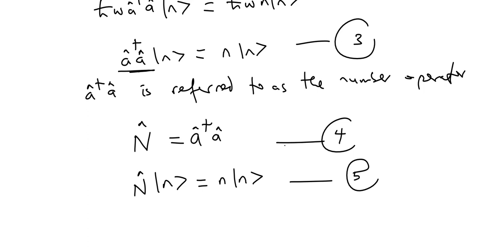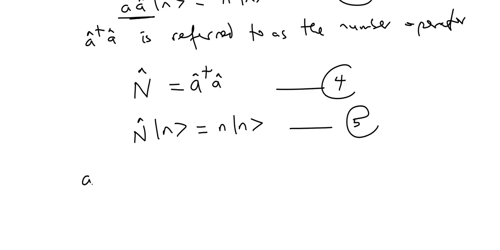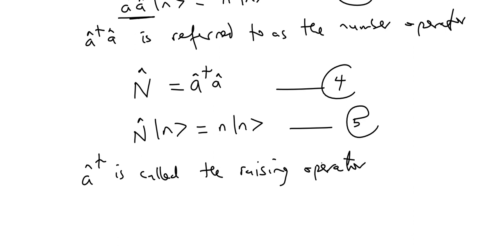Now, a† is called the raising operator. Why? Because if you want to increase the state of a system, you use the raising operator a†.